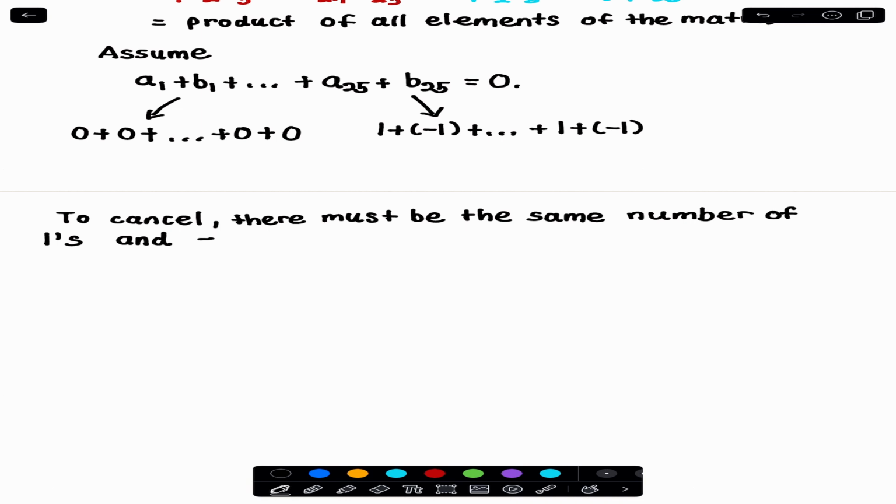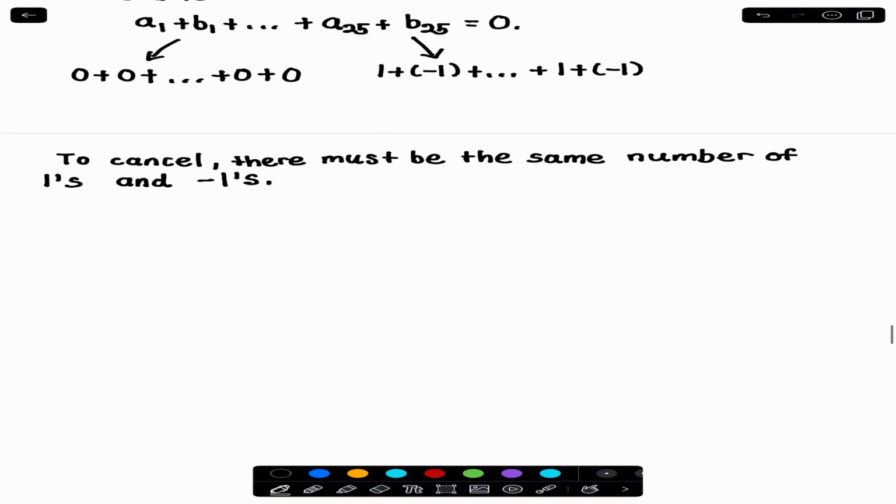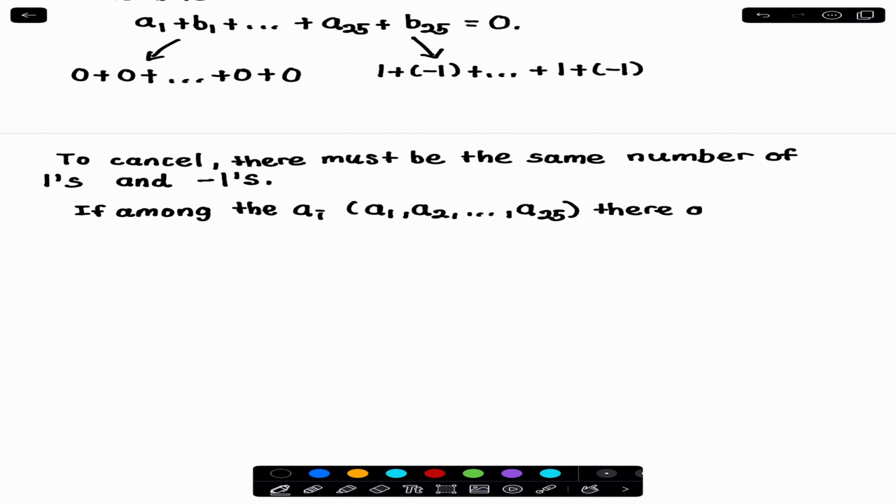So let's say among the list of Ai, that's A1, A2 through A25, there are n negative ones, where n is just an arbitrary number.